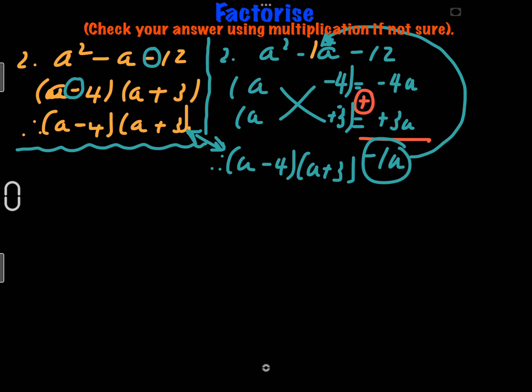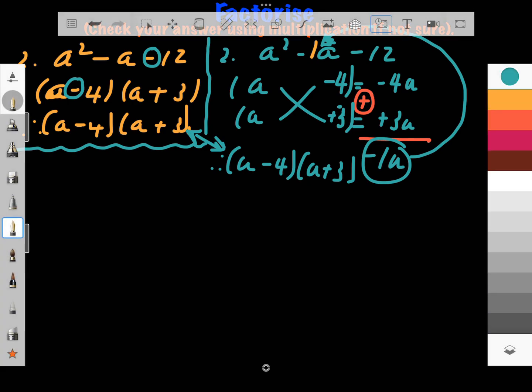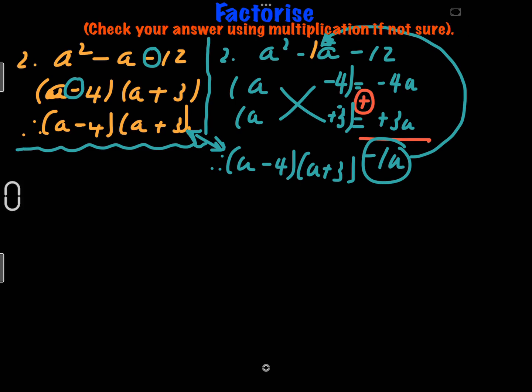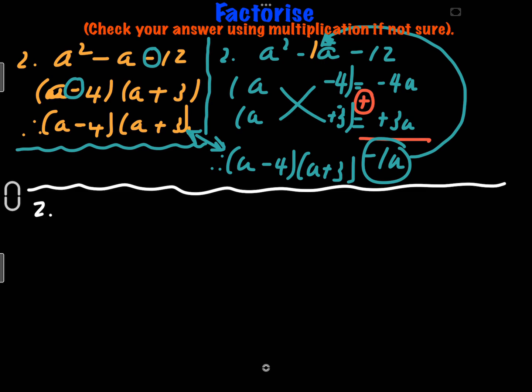Let's look at another dimension of this exercise. So we're still on question 2. Our problem is a squared minus a minus 12. What we need to do here is to simply multiply our leading coefficient with our constant. And our constant is negative 12 in this case.